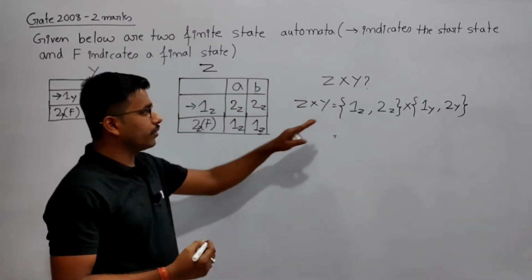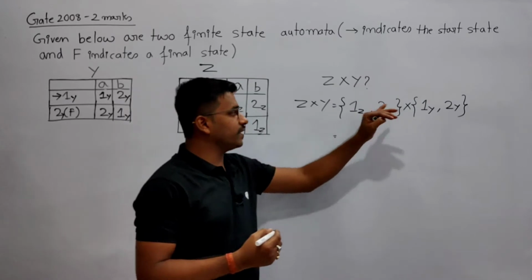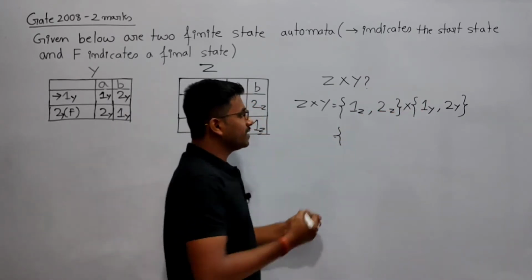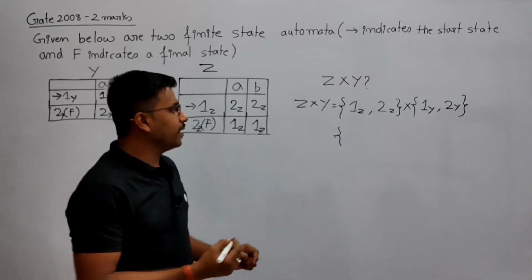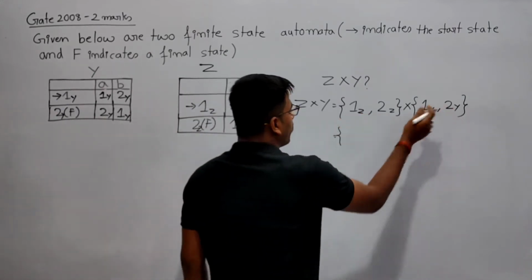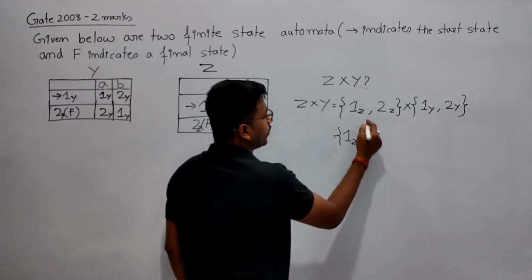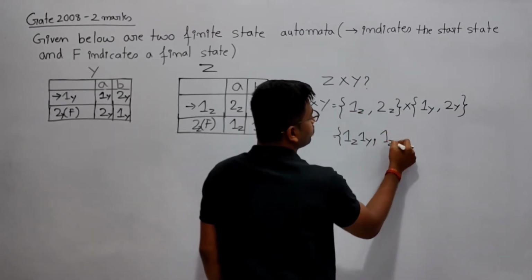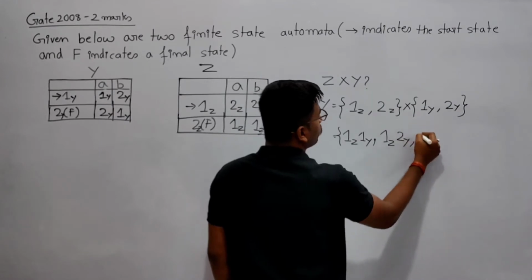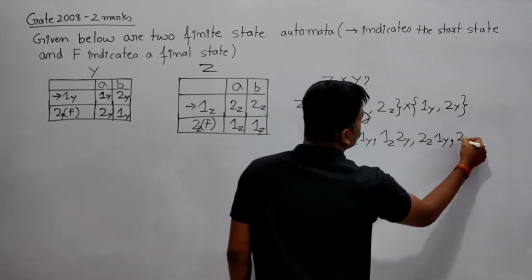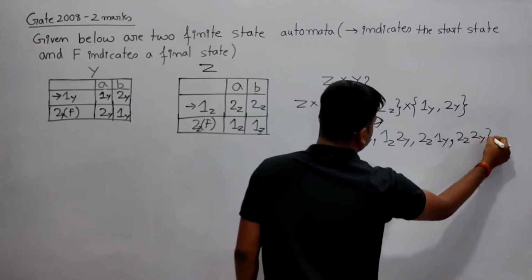In the automata you are going to get 4 states, because 2 states here and 2 states here, 2 into 2, 4 states. And then what will be the states in the cross product? You will take one element from here and append. All these things I have discussed in my lecture of cross product. Then 1Z, 2Y, then 2Z, 1Y, then 2Z, 2Y, like this.